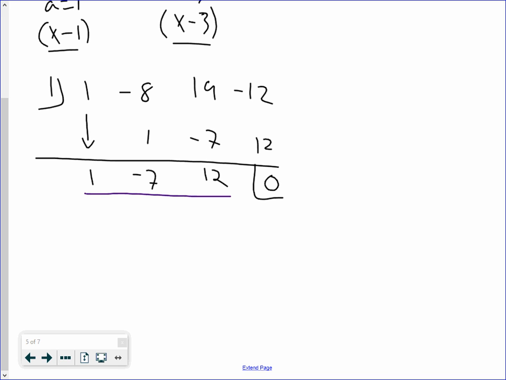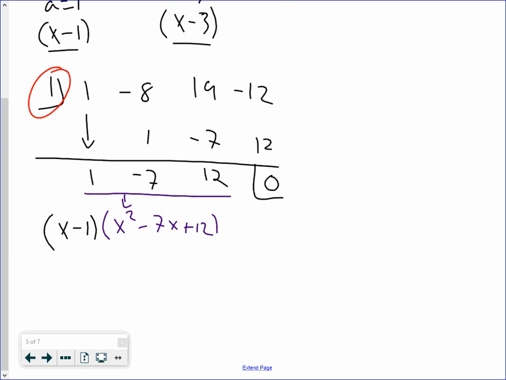All right. So from here, because I have a remainder of 0, what this is telling me is that when my a value is a 1, or whatever factor I get with an a value of 1, so in this case x minus 1, I can multiply that with my quotient of x squared minus 7x plus 12, and that'll give me my original polynomial of v of x.